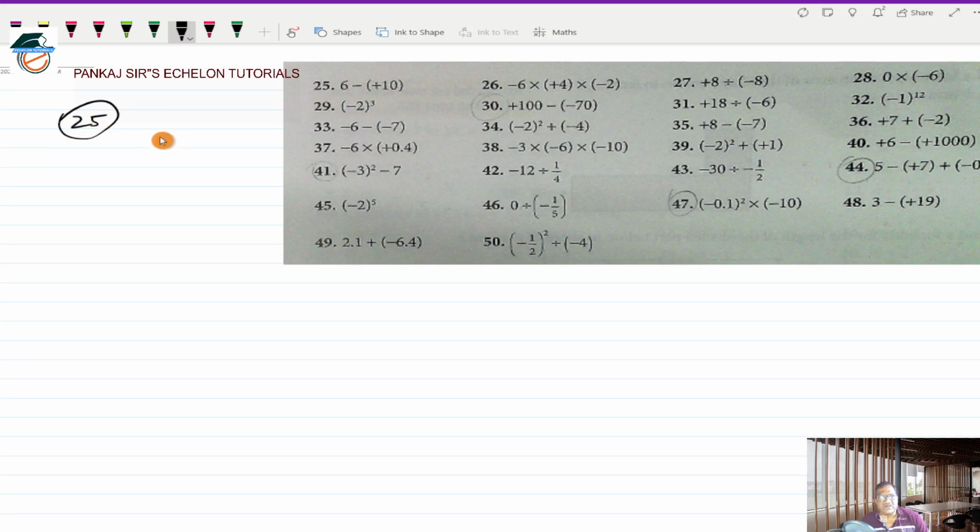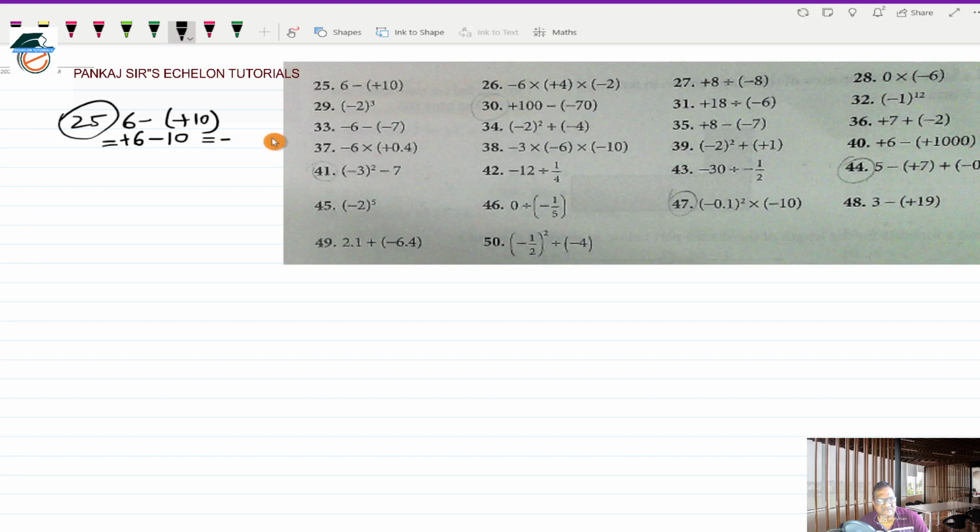Question number 25 says 6 minus (a plus 10). Now if I remove the bracket, it will be 6 minus 10, and because these two directed numbers have opposite signs, a plus and a minus, I will put the sign of the bigger number, that is 10.